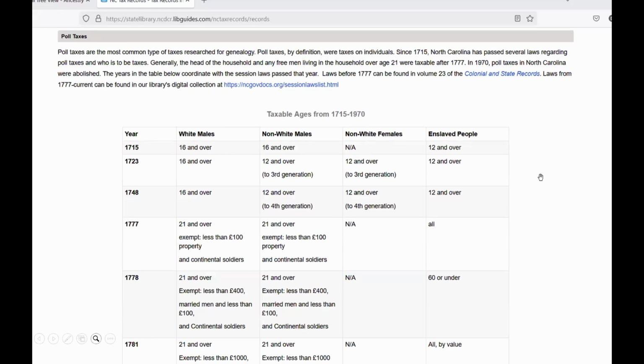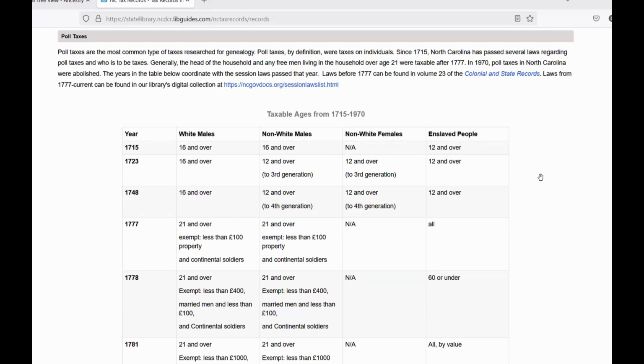Here's where the law comes in. Generally, the head of the household and any free men living in the household over age 21 were taxable after 1777. That date, that's the other thing you might want to do, is create timelines so you can pay attention to what these dates are. 1777 is a year after 1776.